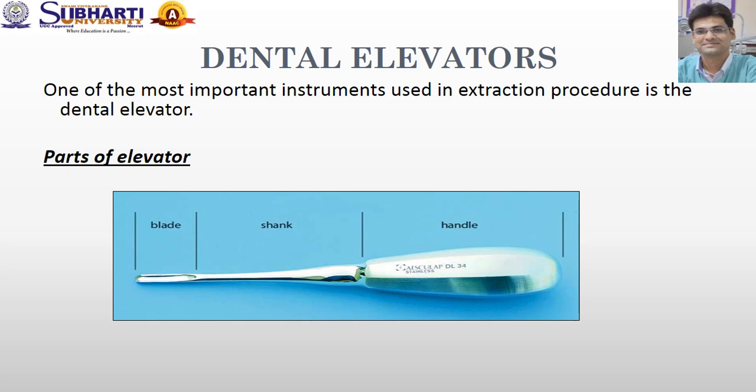The handle has a generous size, which is more comfortable for the operator to hold and transmits substantial control force to the tooth. The shank is the portion of the instrument which connects the handle and blade and transmits the forces to the blade. The blade is the working tip of the instrument and transmits the forces to the tooth or bone or both.